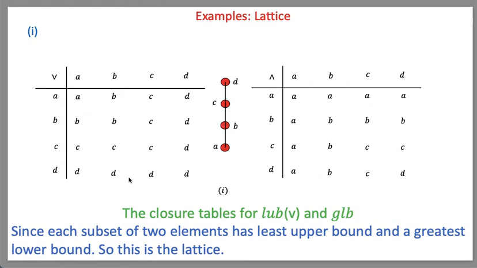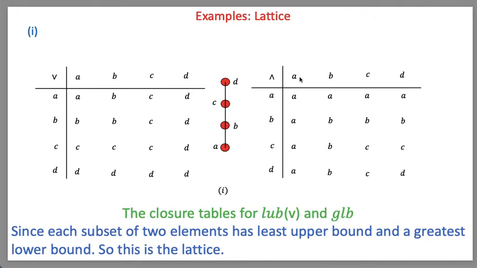Now we will find the greatest lower bound, which we denote by meet. The greatest lower bound of A and A is A. For A and B, the greatest lower bound is A. For A and C, it is A. For A and D, it is A. Greatest lower bound means greatest among the lower bounds; least upper bound means least among the upper bounds.